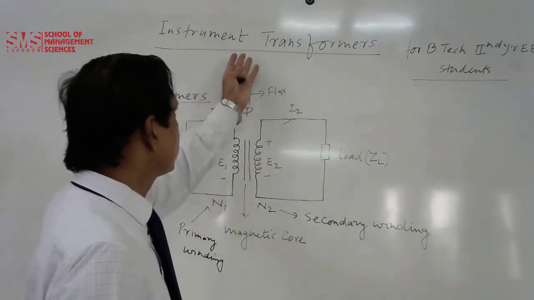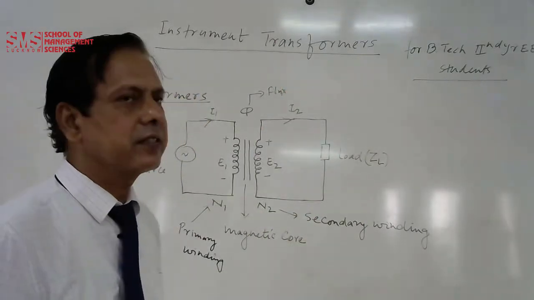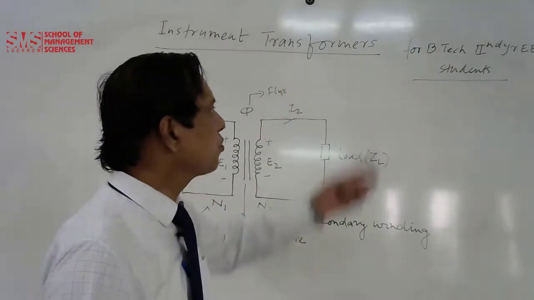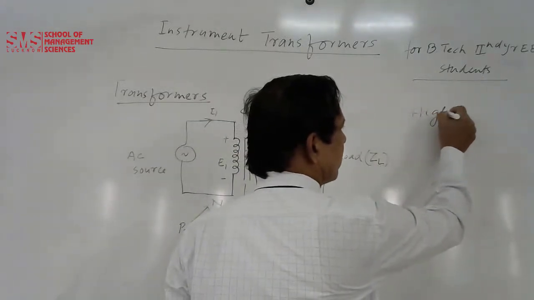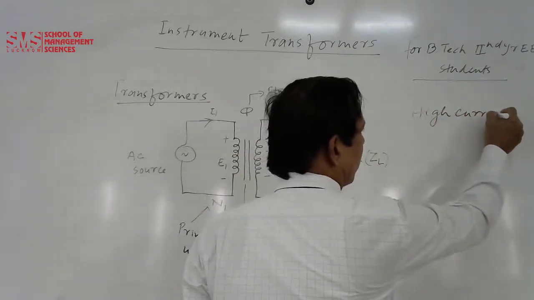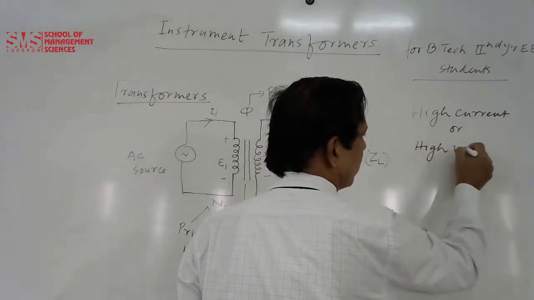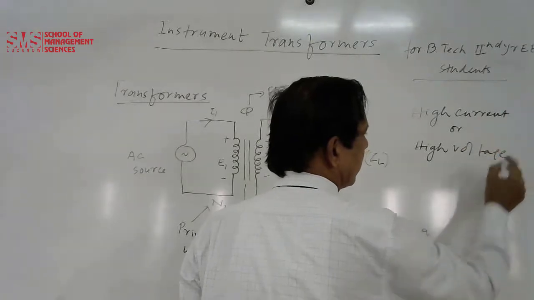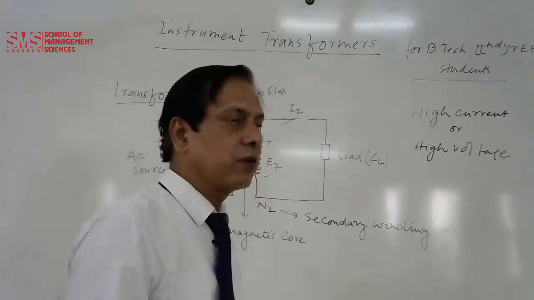Basically, instrument transformers are devices which are used to measure high current or high voltage in an electrical power system. It is not possible all the time to measure.